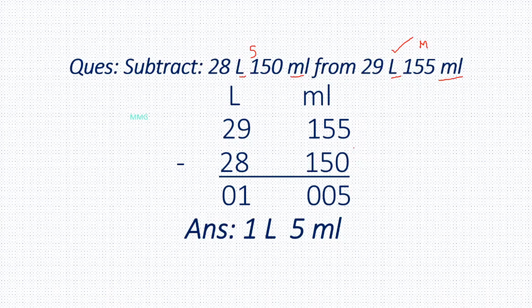Now we have to do subtraction. 5 minus 0 is 5, 5 minus 5 is 0, 1 minus 1 is 0, 9 minus 8 is 1, 2 minus 2 is 0. So you can see here 1 is under liter column and 5 is under milliliter column. So our answer is 1 liter 5 milliliter. Moving to the next page.